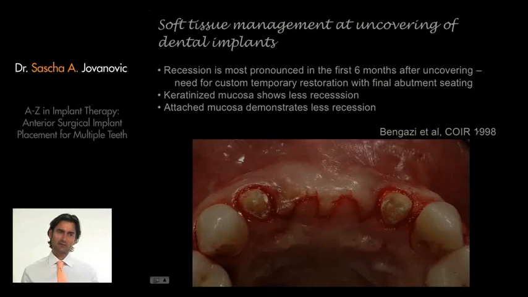So same as in the lecture about single teeth, I will complete here and finish the discussion about multiple anterior teeth, about really looking at uncovering procedures. And when we look at uncovering procedures for multiple teeth, again, this is a topic on its own.